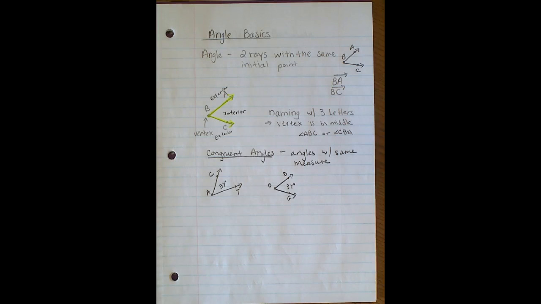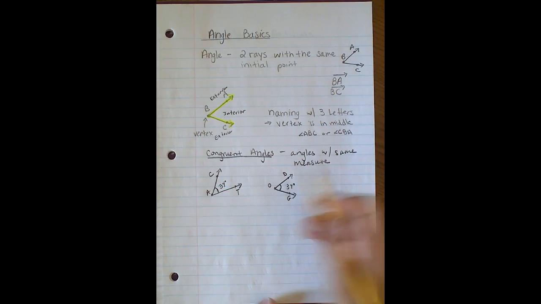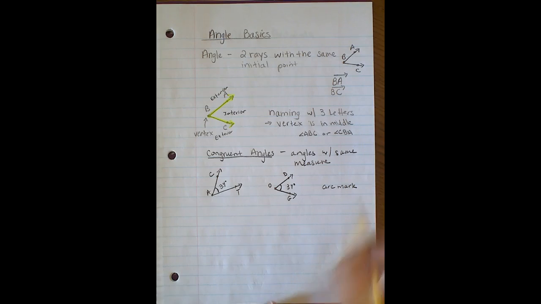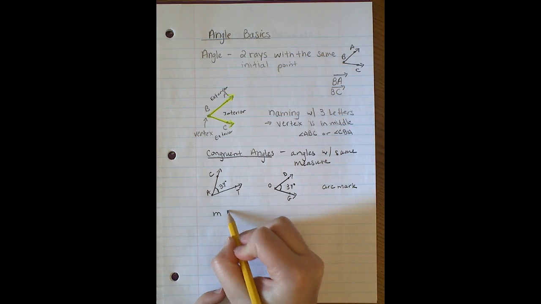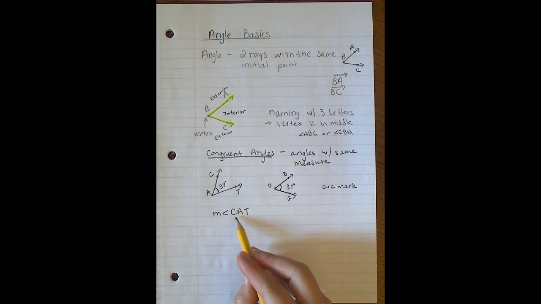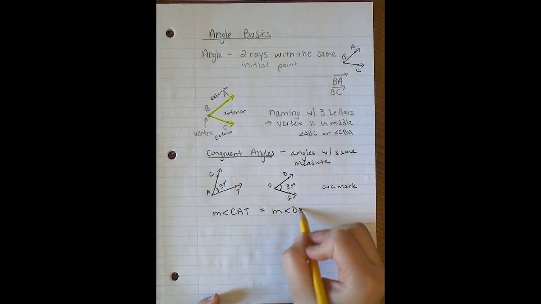Another way that you may see two congruent angles being marked is with this symbol. And this is called an arc mark. And that denotes that the two angles are congruent. So you may see some notation that looks like this: the measure of angle CAT is equal to the measure of angle DOG.